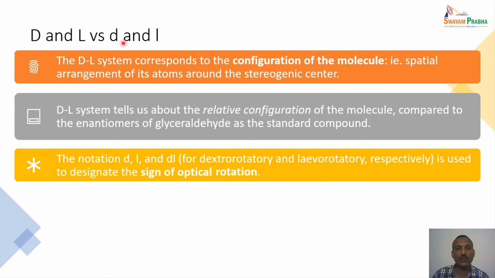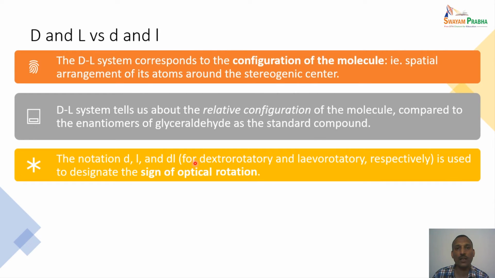When we say small d and small l, we are referring to dextrorotatory and levorotatory respectively. This is used to designate the sign of optical activity. If a tetrahedral carbon has four different groups or atoms, we say it is a chiral compound.